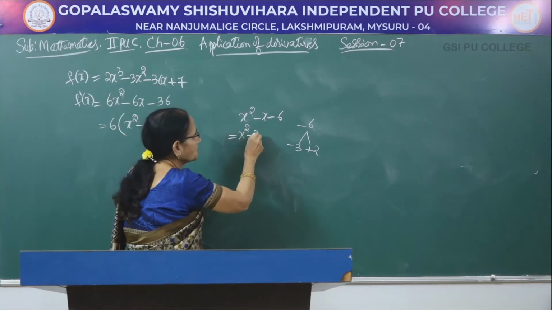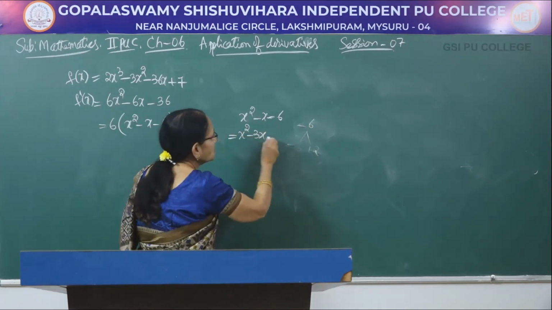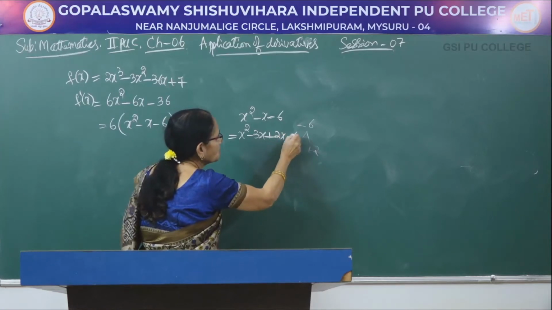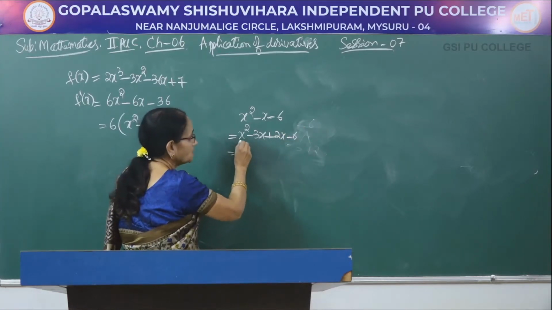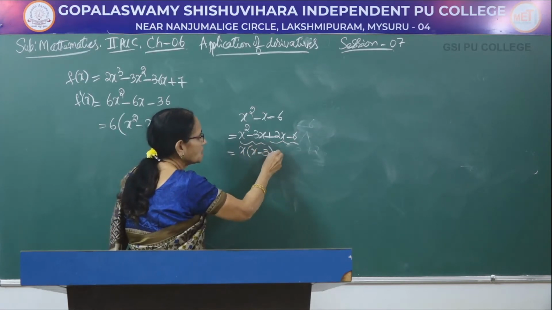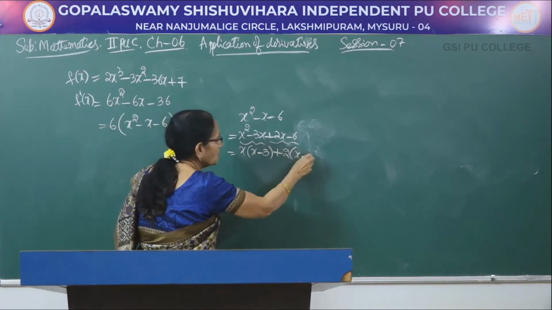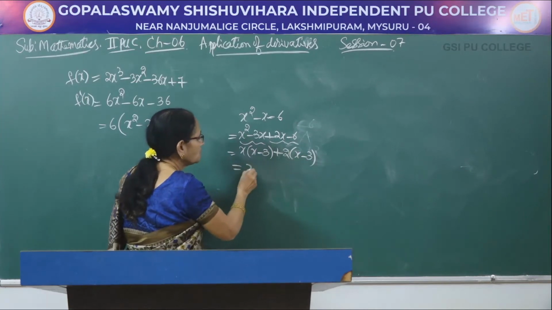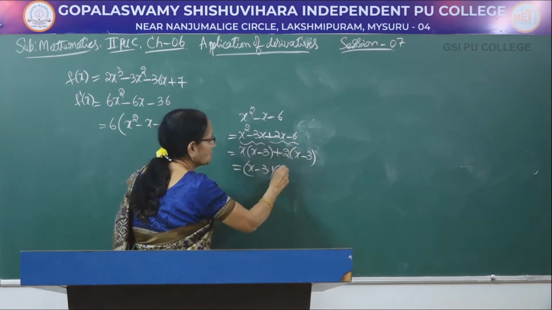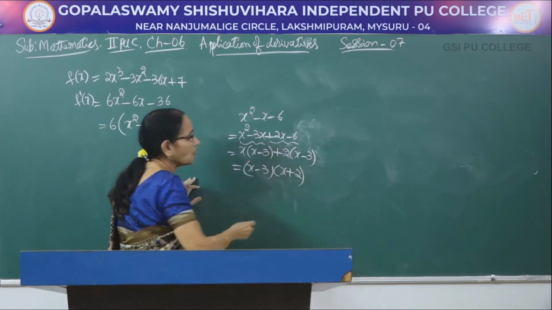Therefore it is x square minus 3x plus 2x minus 6. Taking out the common factor, we get x minus 3 into x plus 2. So this is factorization.